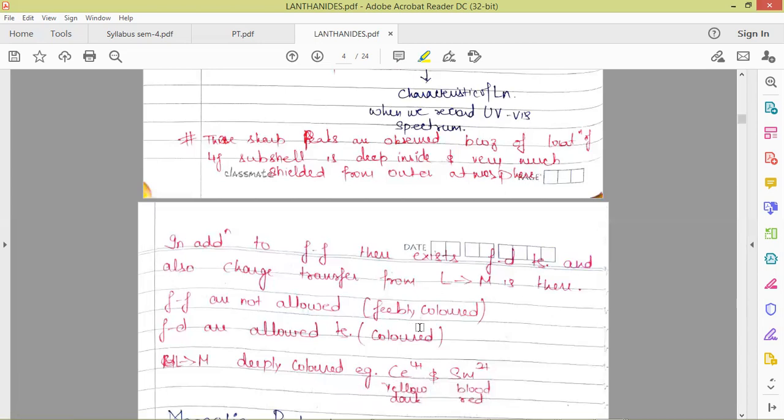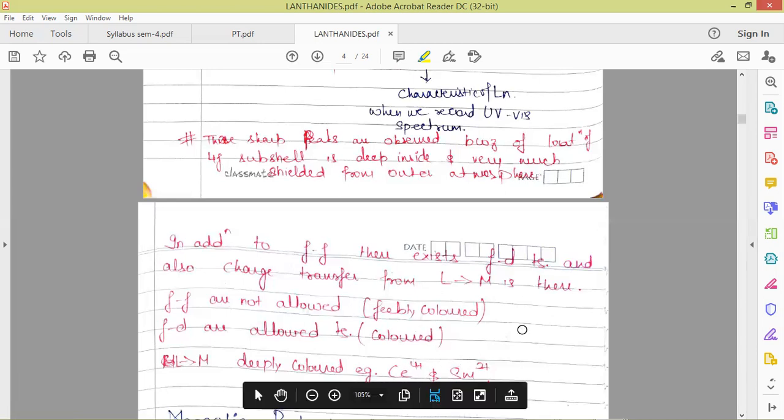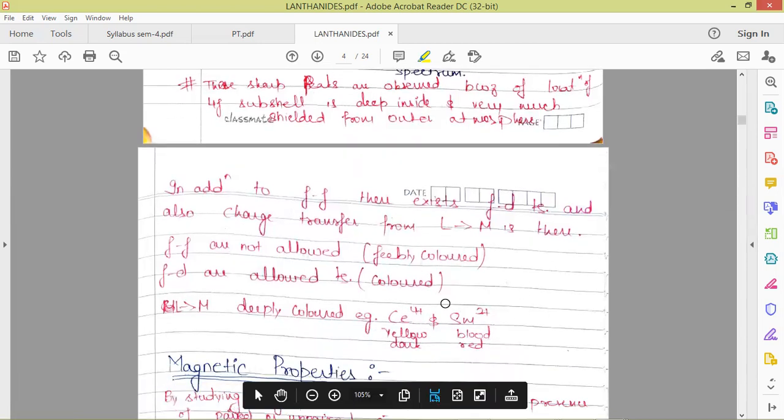Whenever there is an f-d transition in some of the compounds, those will be deeply colored. And wherever there is ligand to metal charge transfer, those complexes will be deeply colored. These are examples of complexes where ligand to metal charge transfer exists: cerium 4 plus and samarium 2 plus.